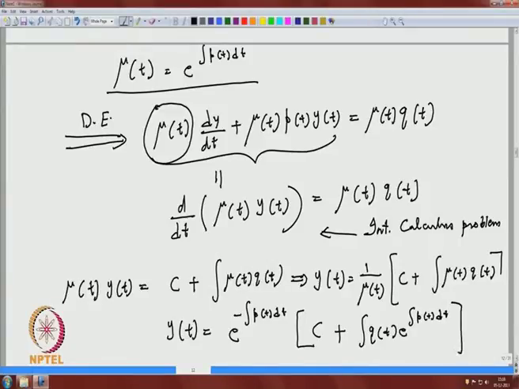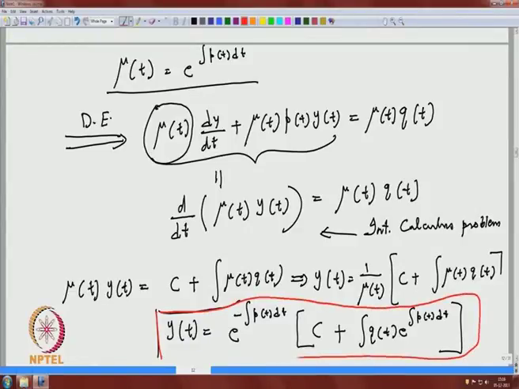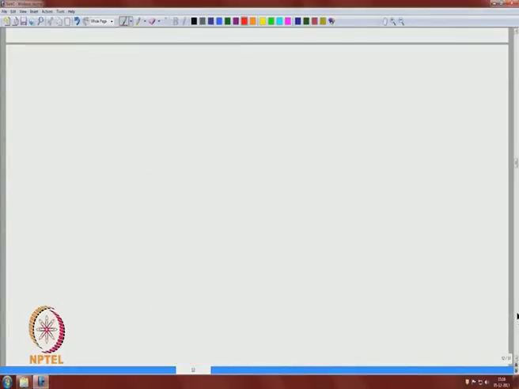The interesting thing is that you do not have to remember any of these things. It is anyway a one step calculation. We have done this calculation to show you that all these integrating factors and everything come very naturally to you. So, you do not have to worry about that, and probably in the next class I will recall this once again and maybe show you 1 or 2 examples.